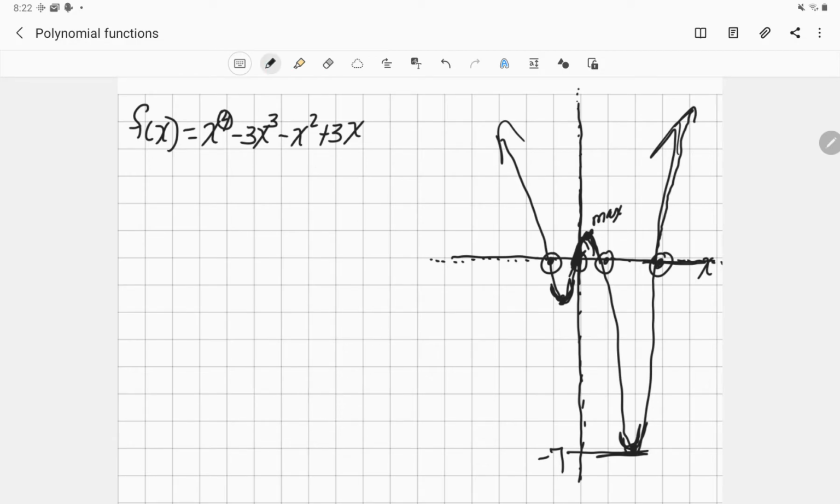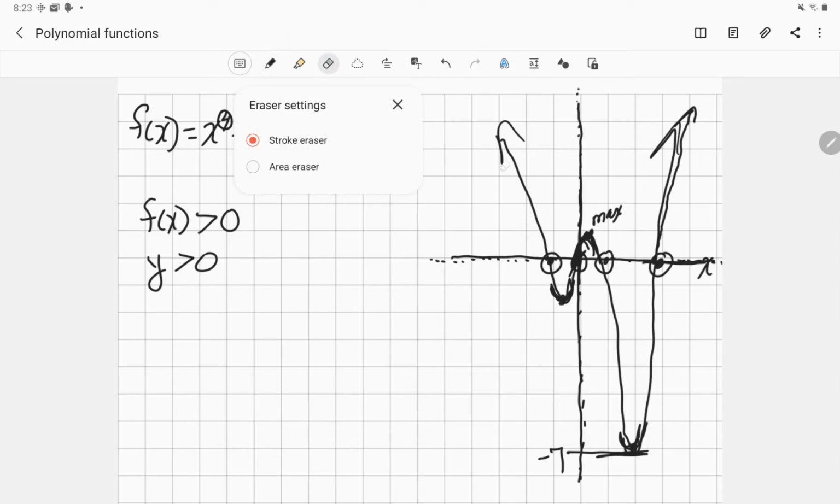They want to know in part D, where is f of x greater than 0? Now, f of x is really the same thing as y. So I could also say, where is y greater than 0? Where are your y values bigger than 0? Y values bigger than 0 are above the x-axis. So really what I'm asking is, where is the graph above the x-axis?